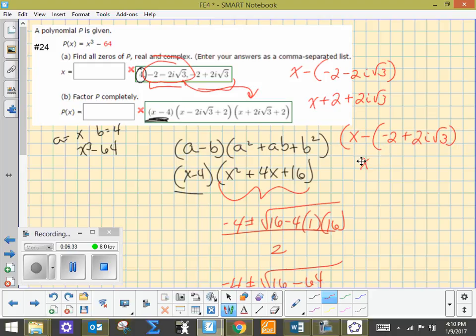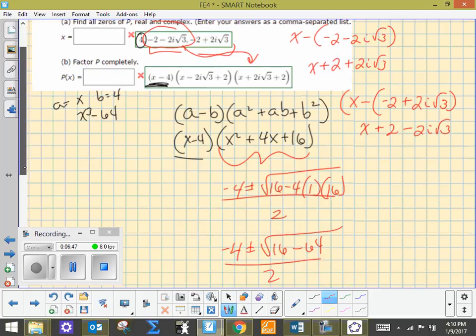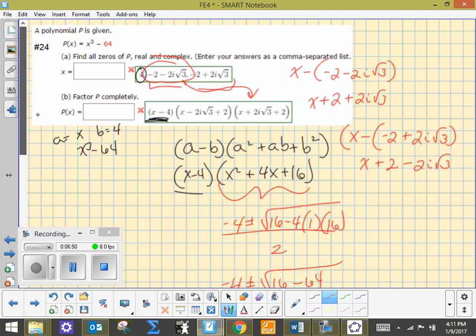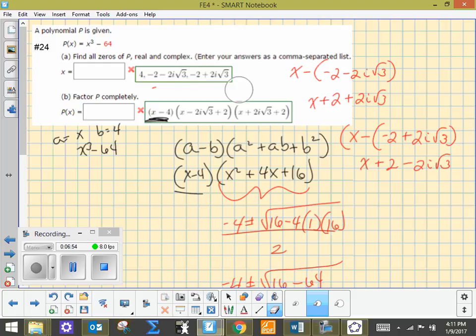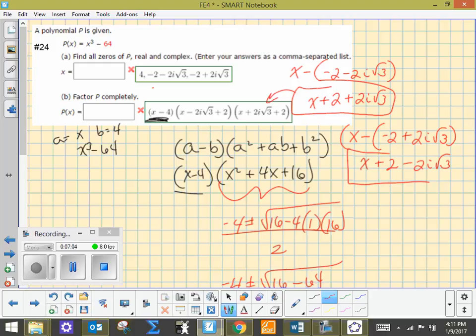So it gives me x plus 2 minus 2i radical 3. So we got that. That's that factor there. No, it's just rearranged terms. My fault. And that one is that one there.